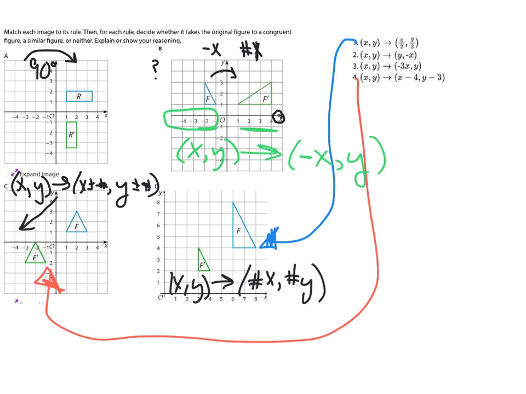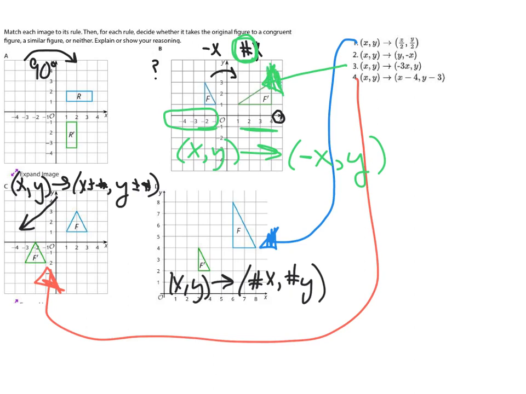Not that I'm making them negative when I do my transformation, I just want the opposite sign. So I'm not saying it's a negative x, I'm saying it's the opposite of whatever sign there is. And we said that we're dilating our image by a factor, and 3 is the only one that does that.